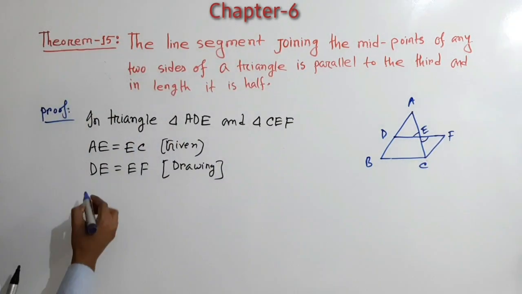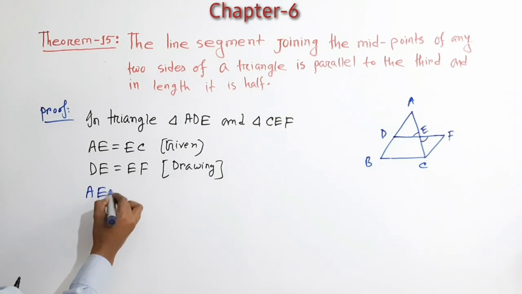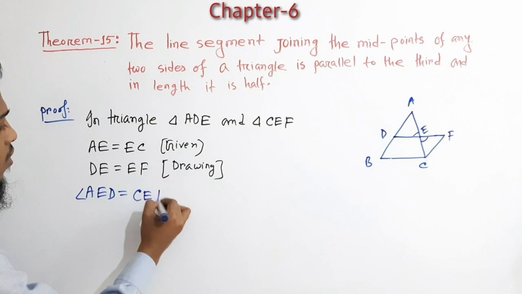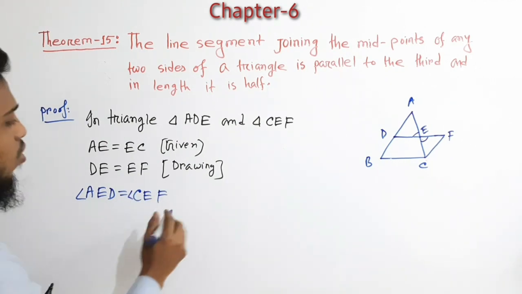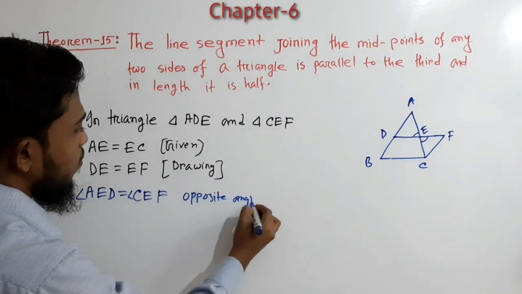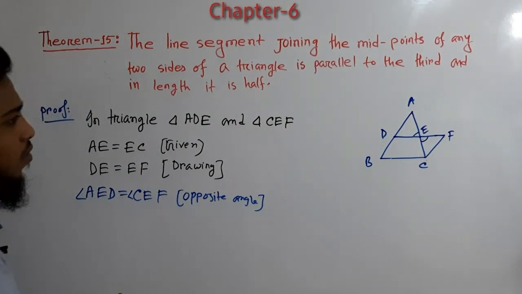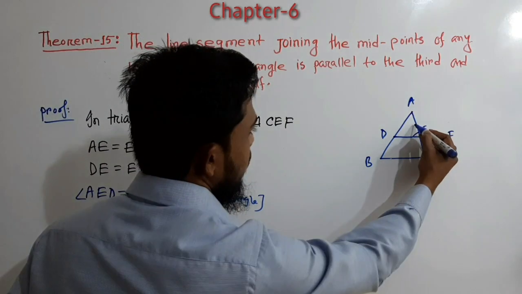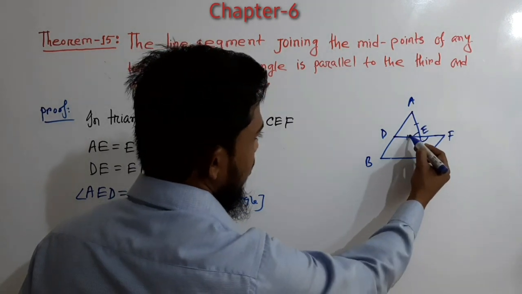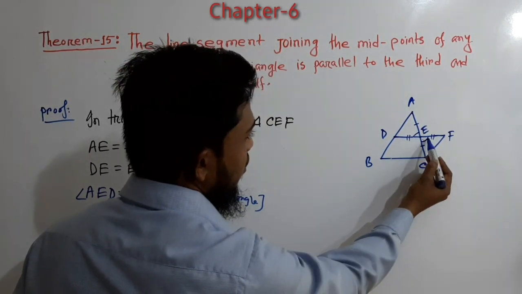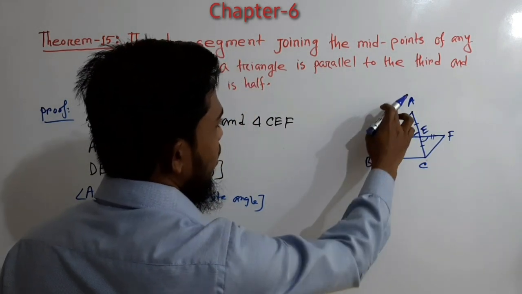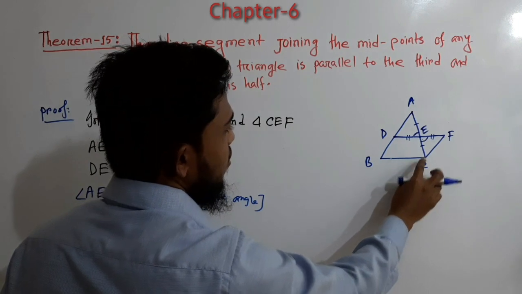So we can write angle AED is equal to angle CEF. This is the vertically opposite angle. Therefore, these sides and these sides are equal, and this angle and this angle are equal. So, triangle ADE is congruent to triangle CEF.